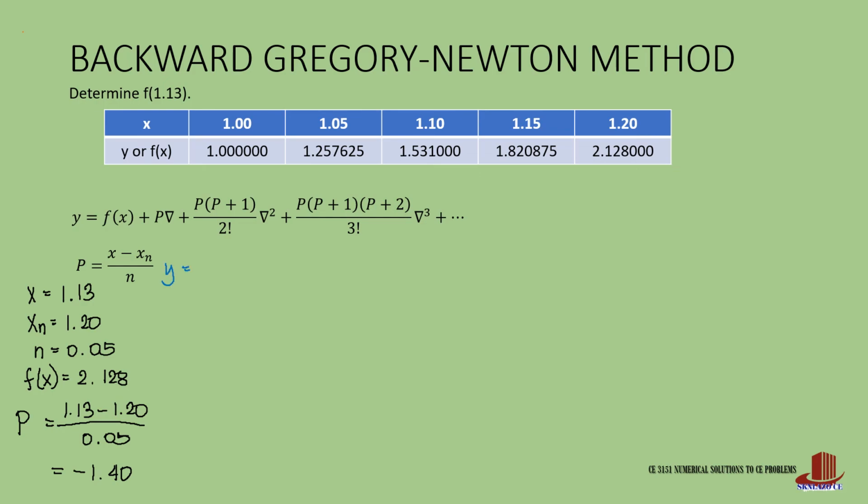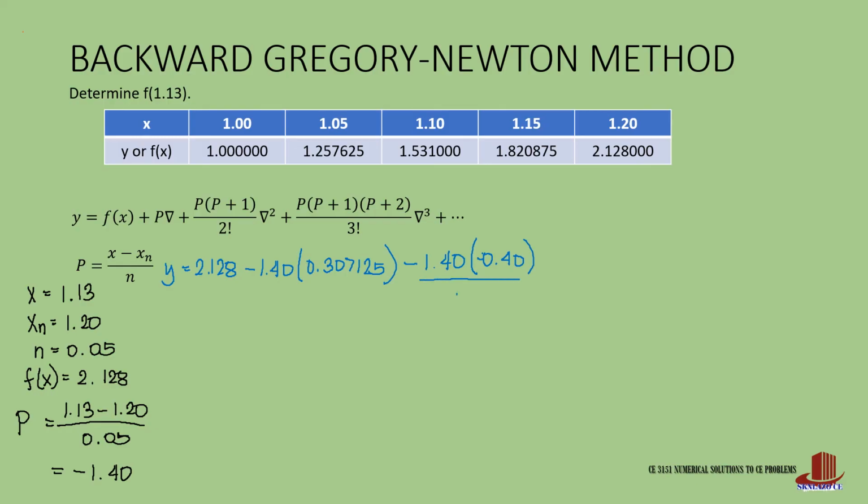Y is equal to f of x, and that would be 2.128 plus p, or minus 1.4, times nabla, which was taken as 0.307125 this time, plus the next, or the second term, which would still start with minus 1.4, p plus 1 with p being negative 1.4, giving us negative 0.4.